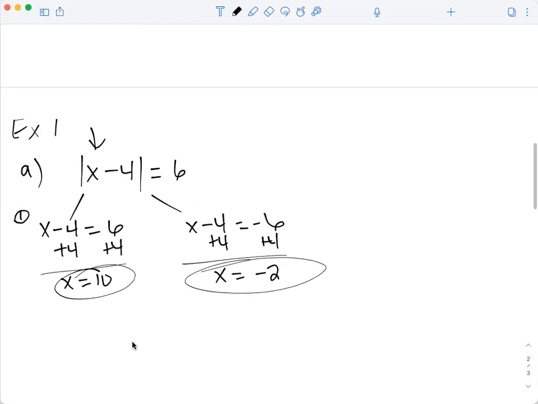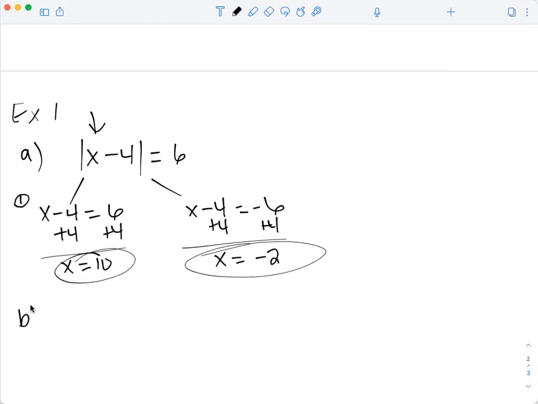Next one, still example 1, but example 1b. We're going to try to solve the absolute value of 3x plus 1 equals -5. One thing I want you to remember is that absolute value represents a distance. When we take the absolute value of a number, it should be positive, and we'll see more examples of this later, but that's if the absolute value is alone.